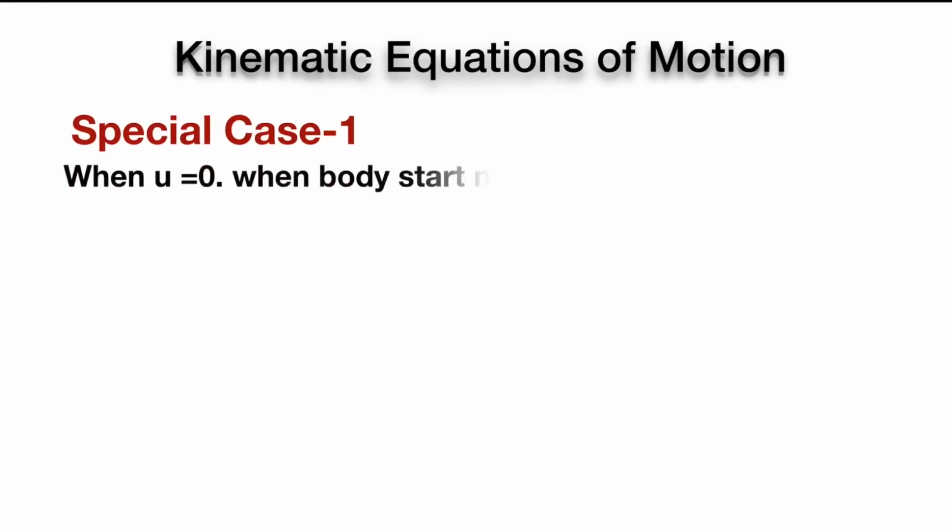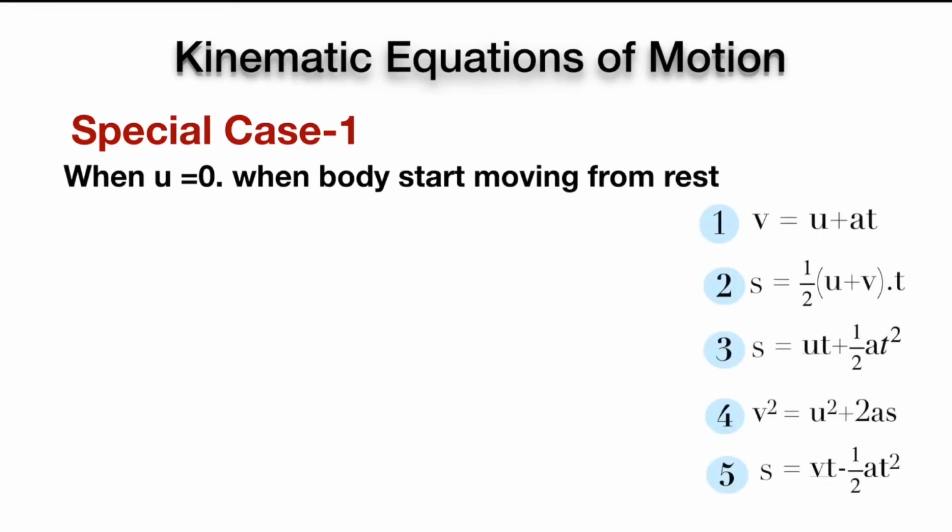Now let's see different special cases of motion. Special case 1, where u is equal to 0, meaning when the body starts moving from rest. Here we will see how all the 5 motion equations reduce to new equations when we put u equal to 0.